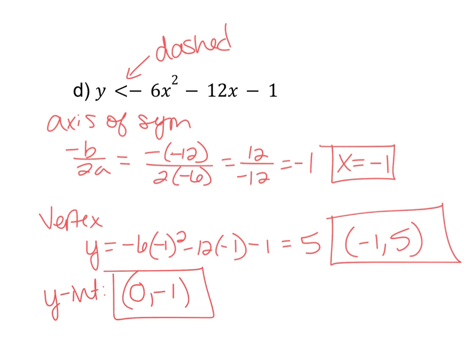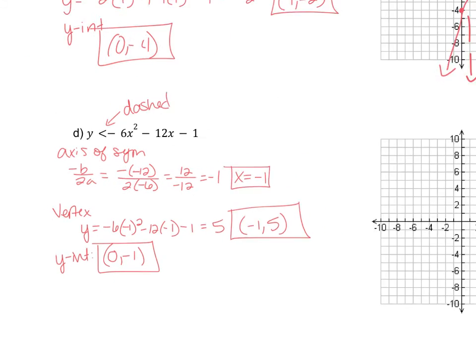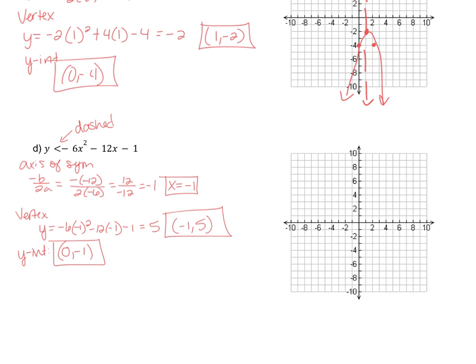Okay, before we graph this real fast, is it going to be a happy or a sad parabola? Look what the A is. The A is negative, so it's going to be an upside down sad parabola. And then don't forget to draw the dashed line whenever you're graphing this stuff. So the axis of symmetry is still at negative 1.